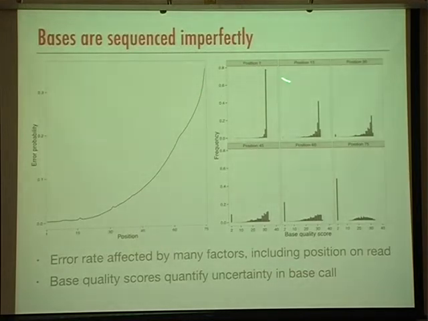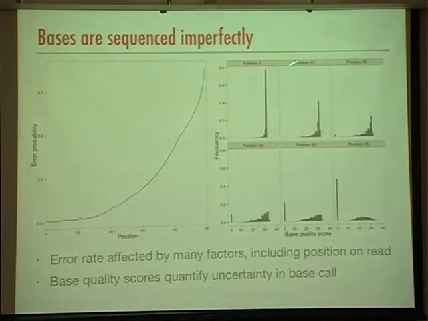If we look at the first position and look at the base quality scores, we see that in the first position the base quality scores tend to be quite high. So base quality scores around 35, so less than 1 in 1,000 error probability.